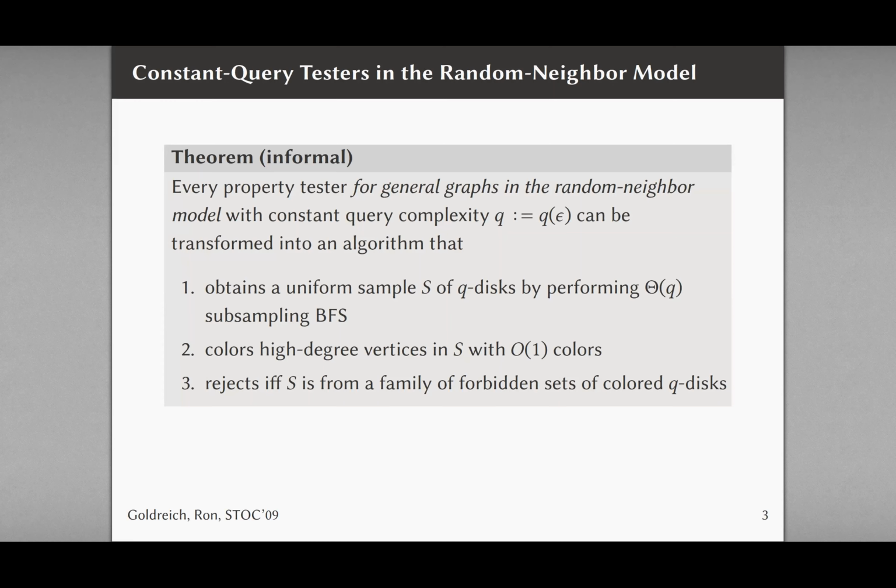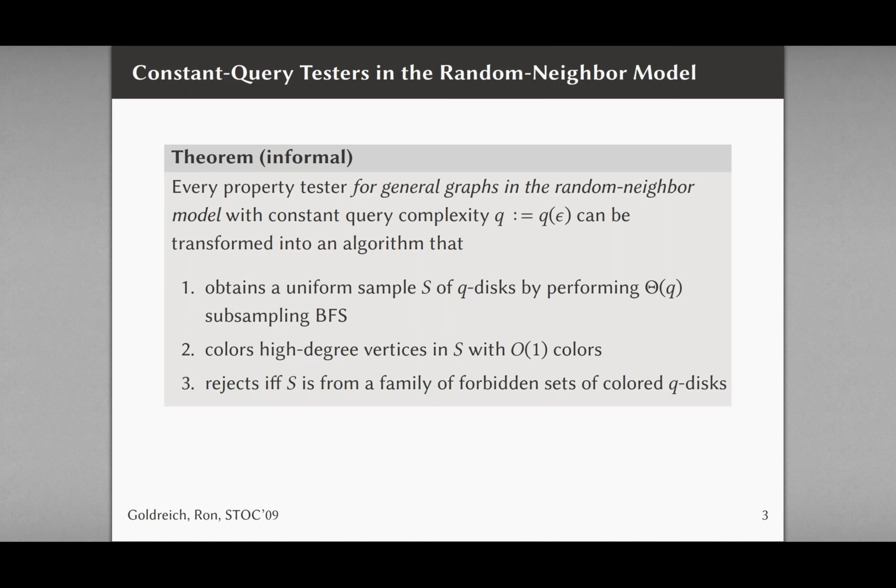And the first result we have is the following, that for general graphs, that means any graph with no restriction, in the so-called random neighbor model, that is, your algorithm might specify a vertex and ask for a random neighbor. So you have probabilistic access to the adjacency list of the graph. In this model, every property tester can be transformed into the following algorithm, a kind of canonical algorithm.